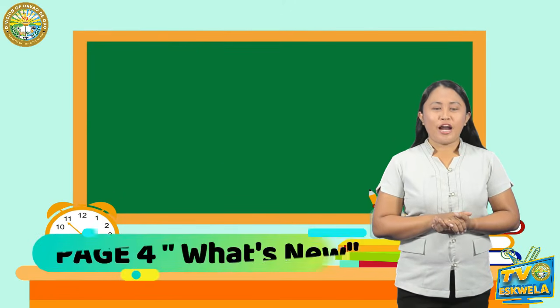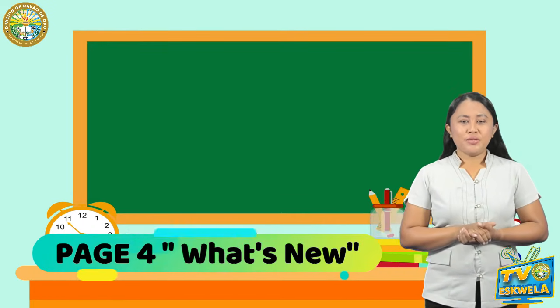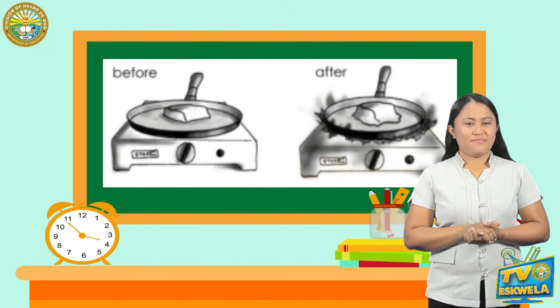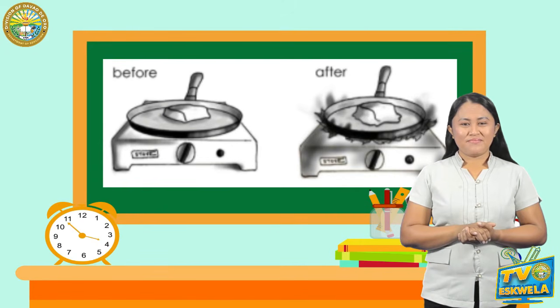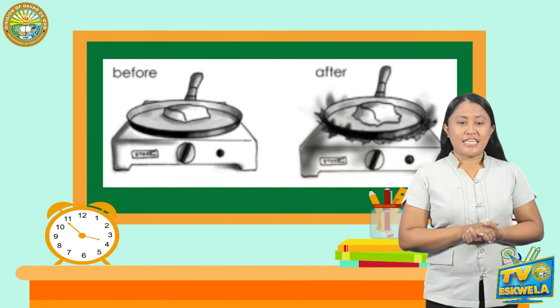On page 4 of your module, what's new? Look at the butter in the frying pan before it is heated. Is it a solid? What happens to it after it is heated?